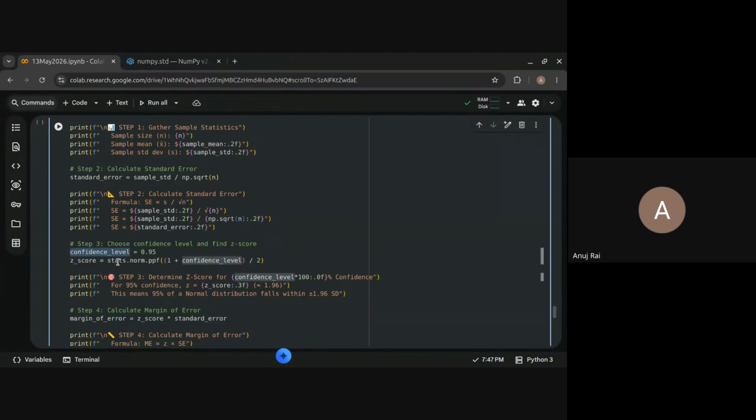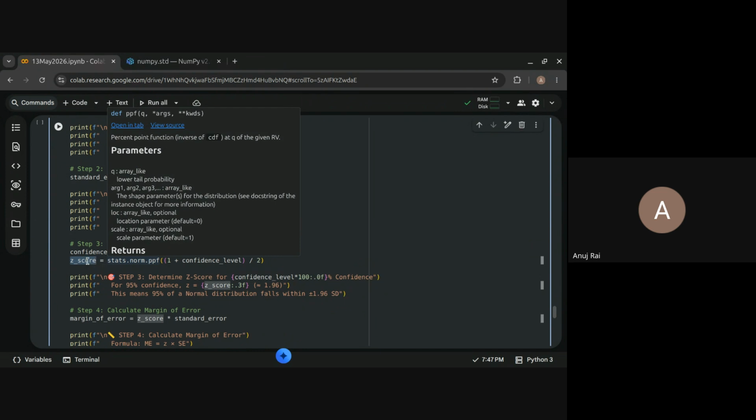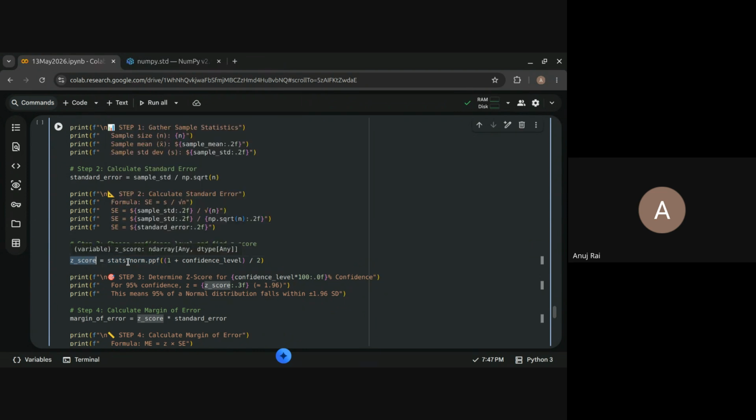Using NumPy, we calculate the z-score with 1 plus confidence level divided by 2. For 95%, it will give you 1.96. So rather than hard coding the value, you can use NumPy to get the z-score.